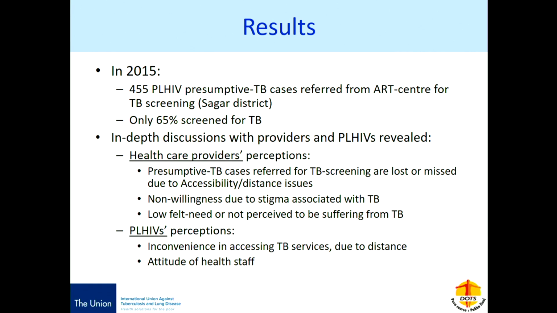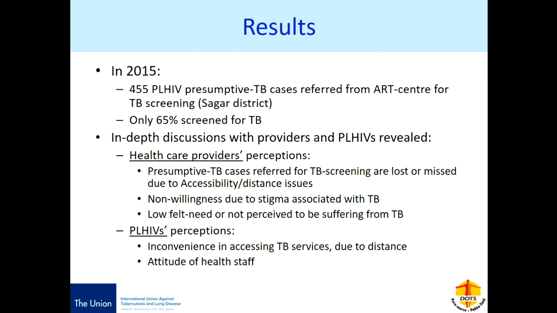But there were other responses. The healthcare providers felt that the cases referred are not willing because of the stigma associated with TB, or there was a low felt need amongst the PLHIVs, or they perceive that they're not suffering from TB. So that may be the reason that these presumptive TB cases are not reaching for accessing the services.